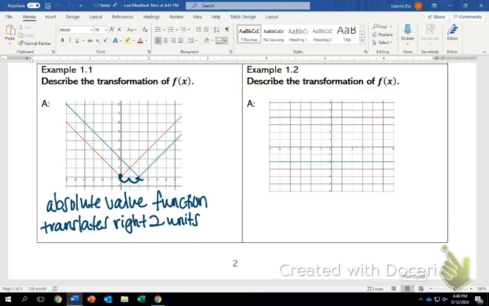All right, and do the same thing for the next one to the right, we see example 1.2. Again, the directions are the same. We see it is a line. It might be a little hard to see, but there is a blue dotted line that is completely flat. So I know that this is going to be a constant function. And again, this particular problem starts it down at -2. So I'm going to put that as my starting point.